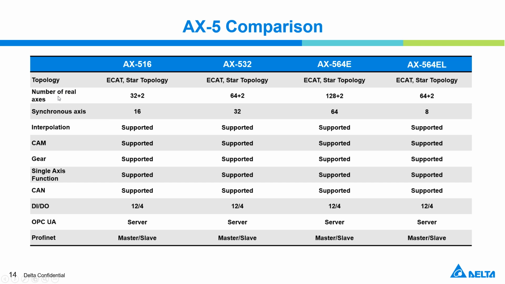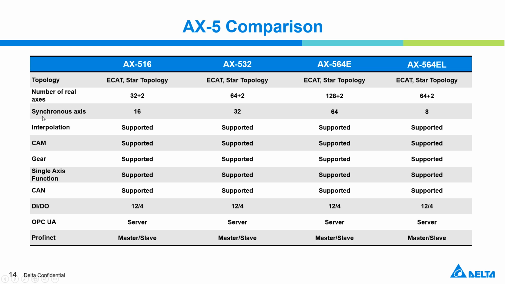And for the number of real axes here, 32 at 2, 64 at 2. Here the 32 means this number is for the total number of position axes and synchronous axes.